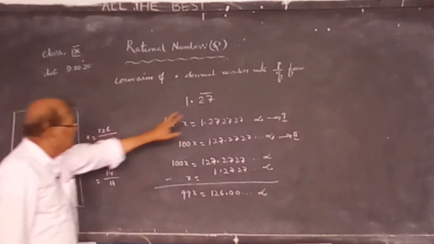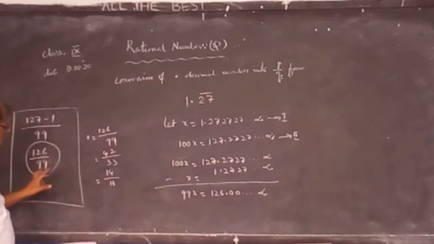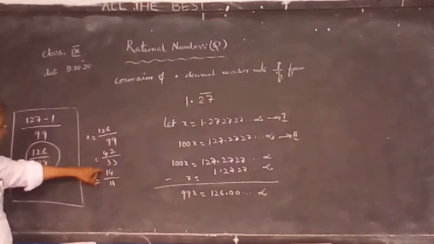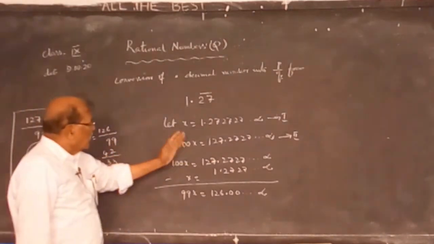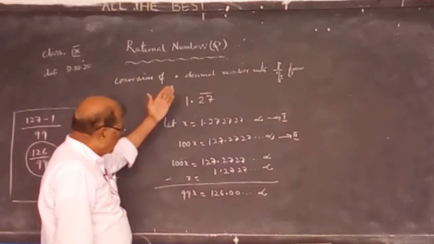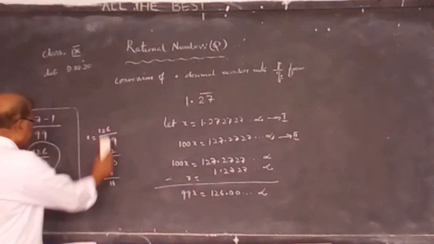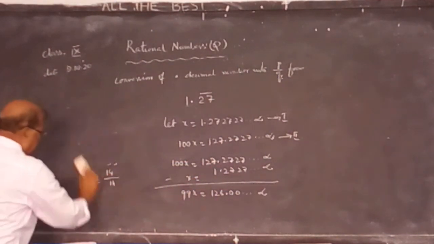How many are recurring? 2 are recurring. In the denominator, you get as many nines as the number of recurring digits. So 127 minus 1 is 126 by 99. Suppose you want to calculate the logical steps, please follow this. Thank you.